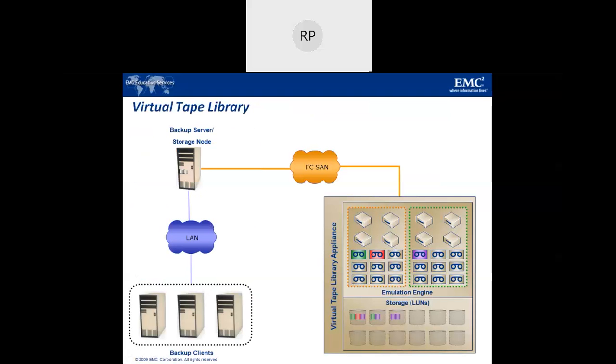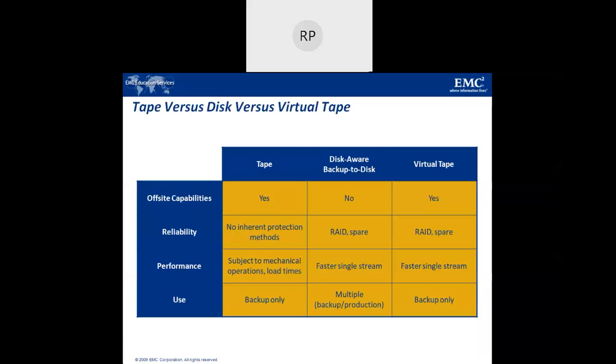Then the next is virtual tape library. This is one more option for taking a backup. Now here you can compare all these three options for taking backup: tape, backup disk, and virtual tape. Offsite capabilities are present only in tape, not in disk, but in virtual tape it is also present.